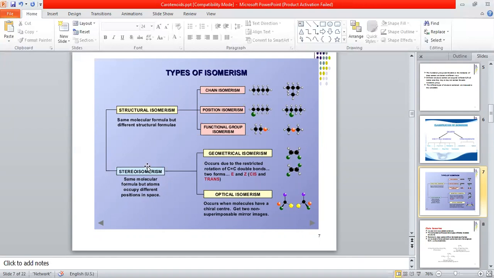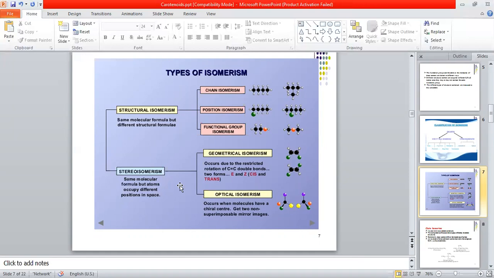And stereoisomerism means the same molecular formula but the atoms occupy different positions in space. Now please don't imagine that particular space. I have told you in the last slide: the same molecular formula but different in the orientation of particular atoms.